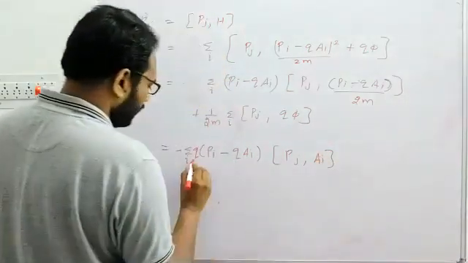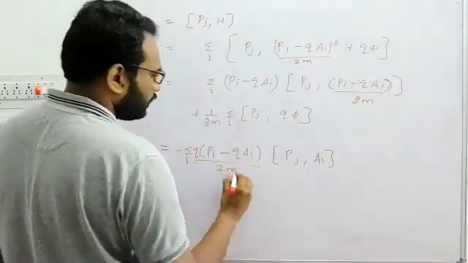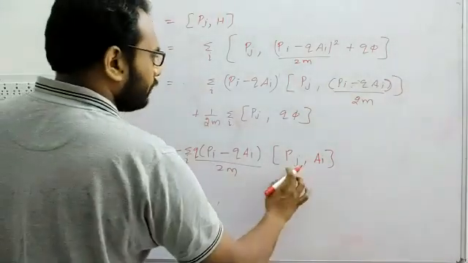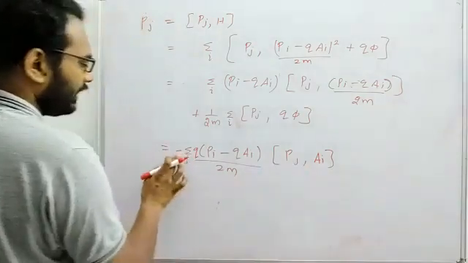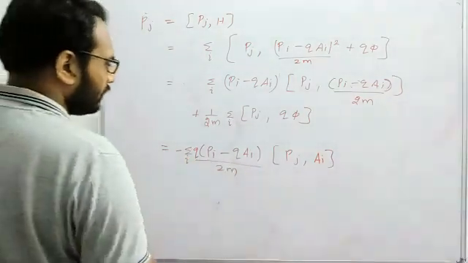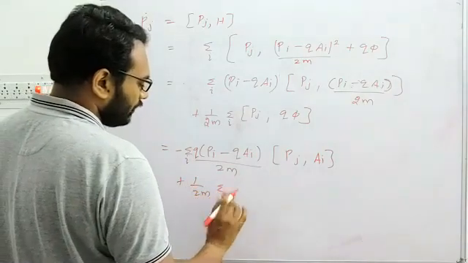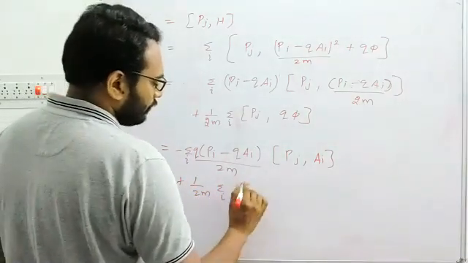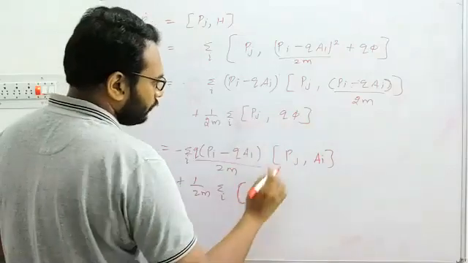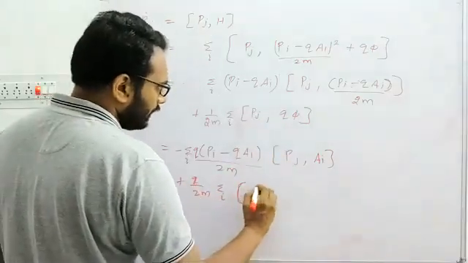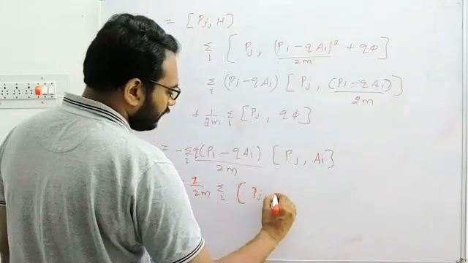You also have a 2m, am I right? The minus sign and q by 2m I pull outside, plus 1 by 2m summation over i of Pj with q phi. Again, q I can pull out, q by 2m summation over i. This is simply Pj with phi.